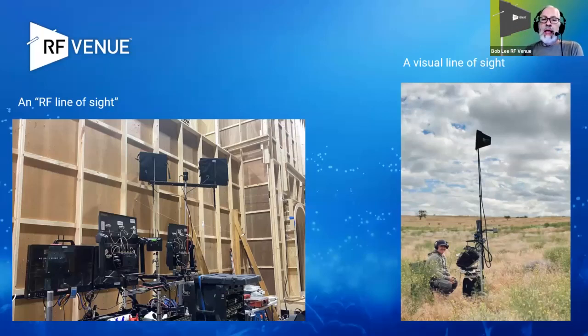But there may be times in film or TV production when you have to pick up through components of a set, like we see here in the left photo. Those are two antennas up here, two RF-Venue CP beam antennas aiming through the plywood, the Luan and 1x3 wood of a movie set.